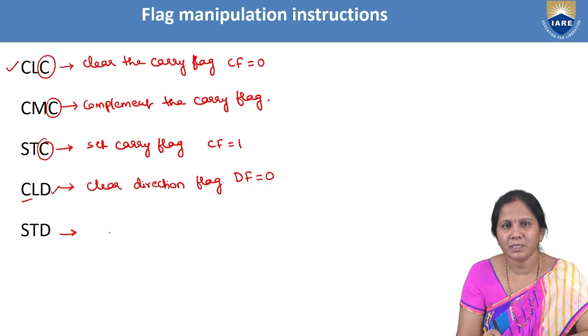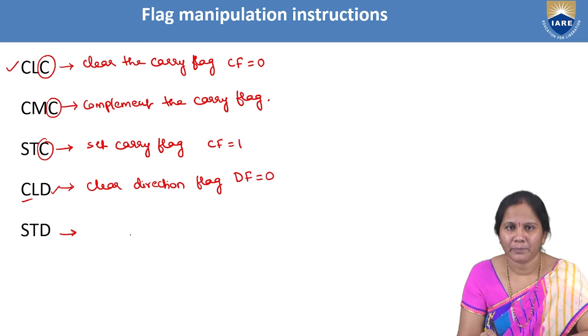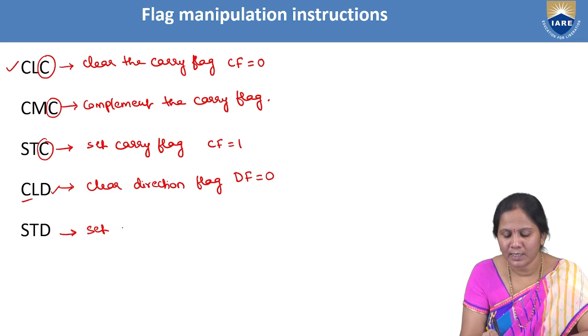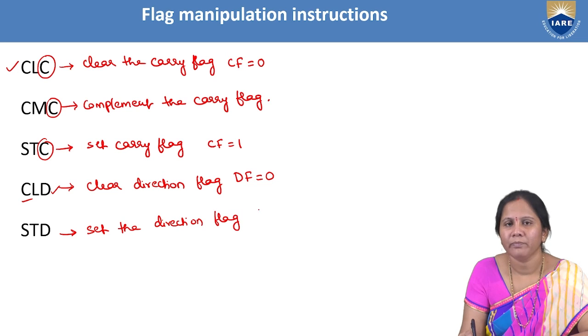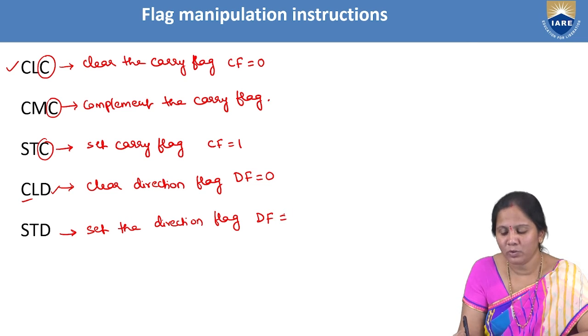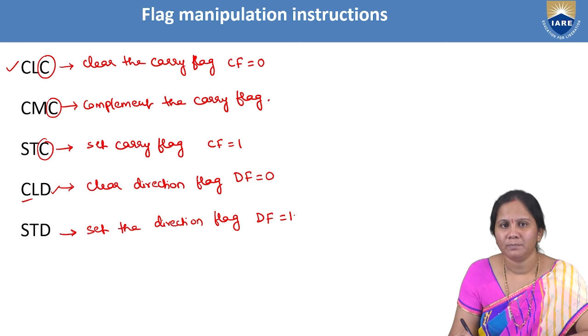The next flag manipulation instruction is STD. STD represents set the direction flag. Setting means making that bit 1, so DF will be equal to 1.